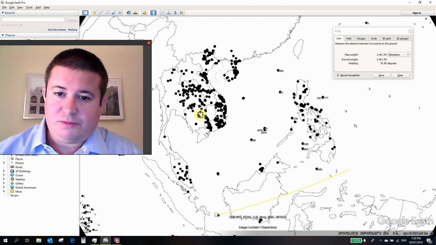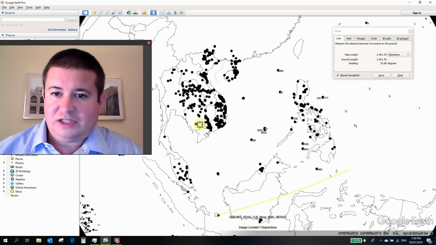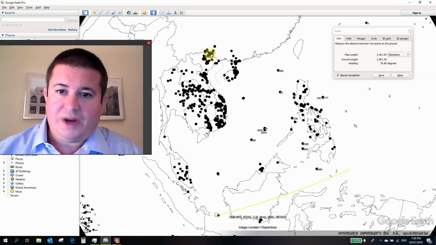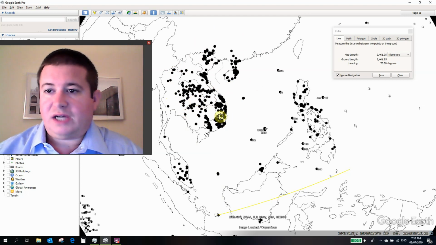Now we know these are the proximal tektites. We can also look at moldavites and the distance they are. We expect these proximal tektites to occur sort of 300 to 900 kilometres from the impact site. So you can see the distribution. It's likely somewhere in the middle of this distribution or at one end of this distribution, but certainly within about 900 kilometres of all of these proximal tektites.